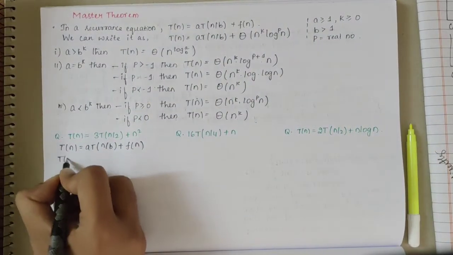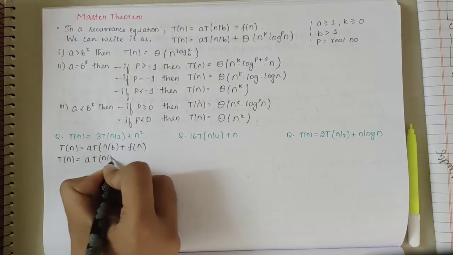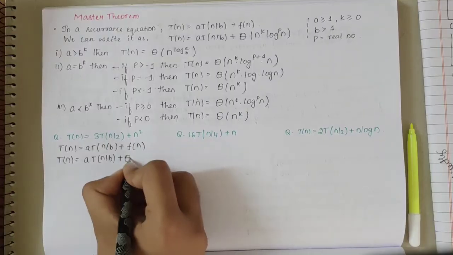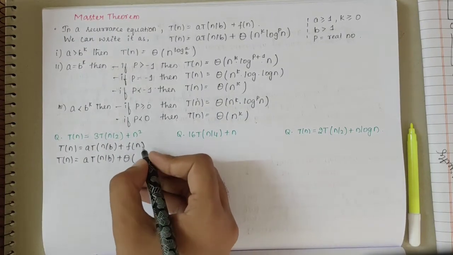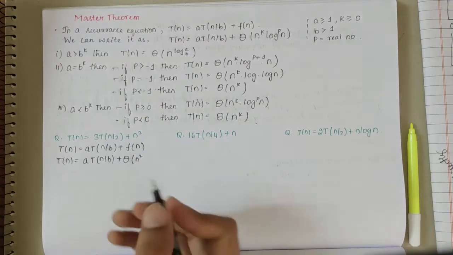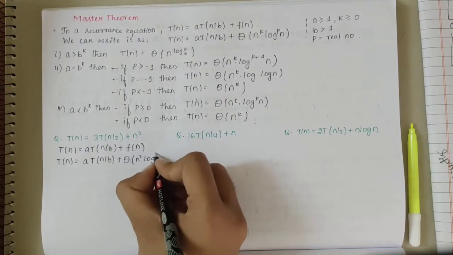So writing it in that form, I get t of n is equal to a t of n by b as it is. f of n should be written in this form, that is theta of n power k log p of n. What do I have as n power k here? I have n square, right? And here I have log p of n.